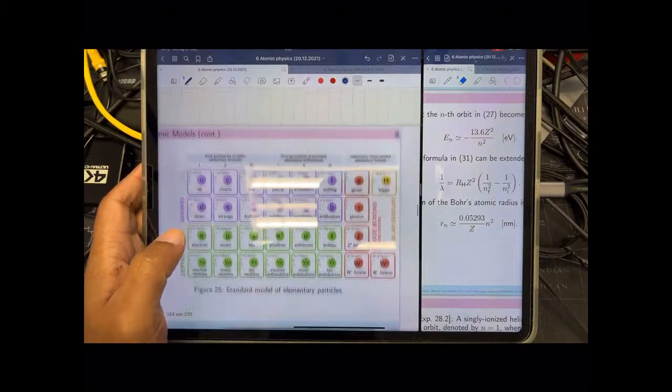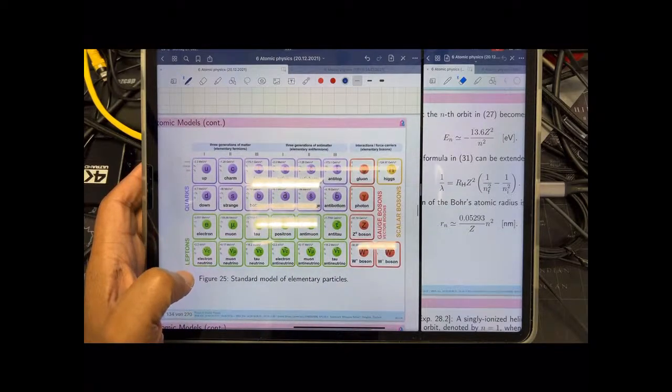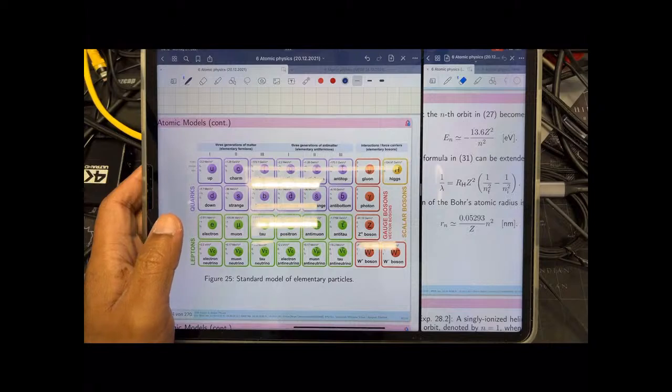And now we arrive at the standard model of elementary particles. We are going to visit this table quite often.